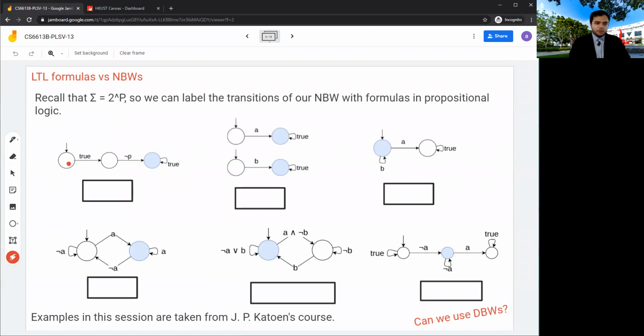Basically this means that from this vertex, we always transition to this vertex because it's true, but from this vertex, we transition to this vertex only if the letter that we read does not have P in it. So P is a propositional atom.